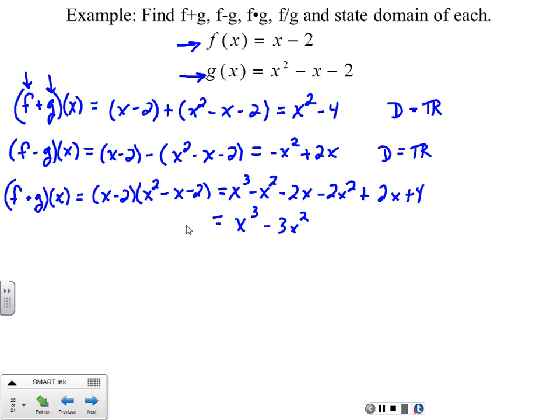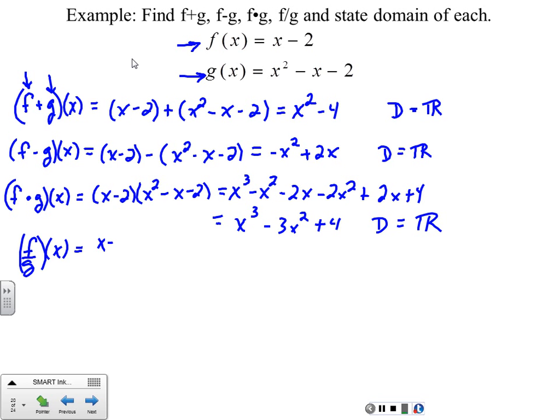The x's are going to cancel out because you have a negative 2x and a positive 2x, plus 4. So your domain, again, is all real numbers. Again, if your functions do not have a radical or a fraction, then it's just going to be all real numbers.